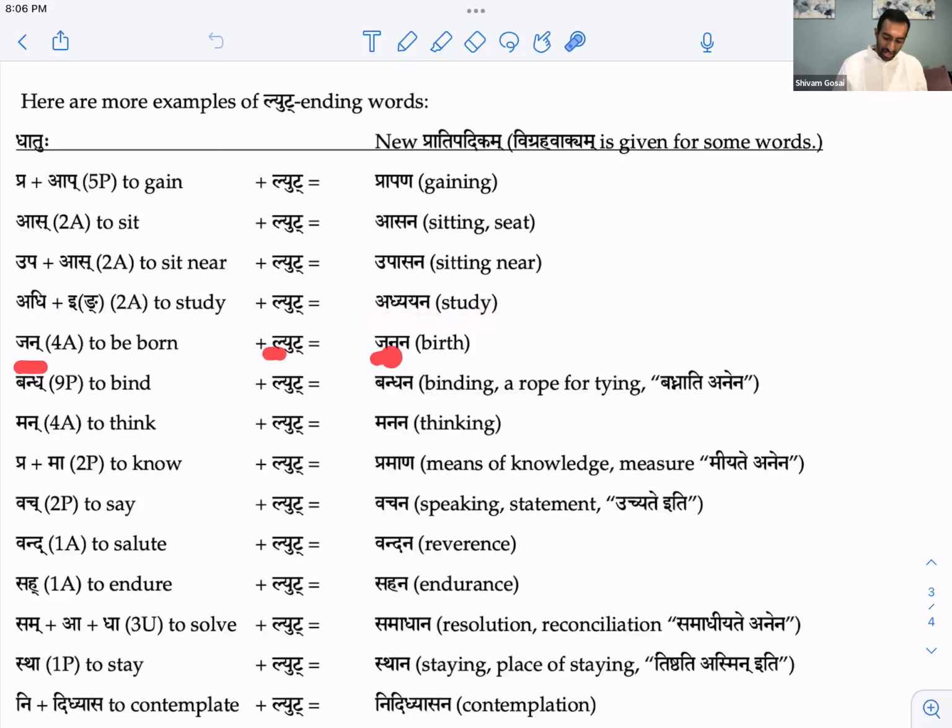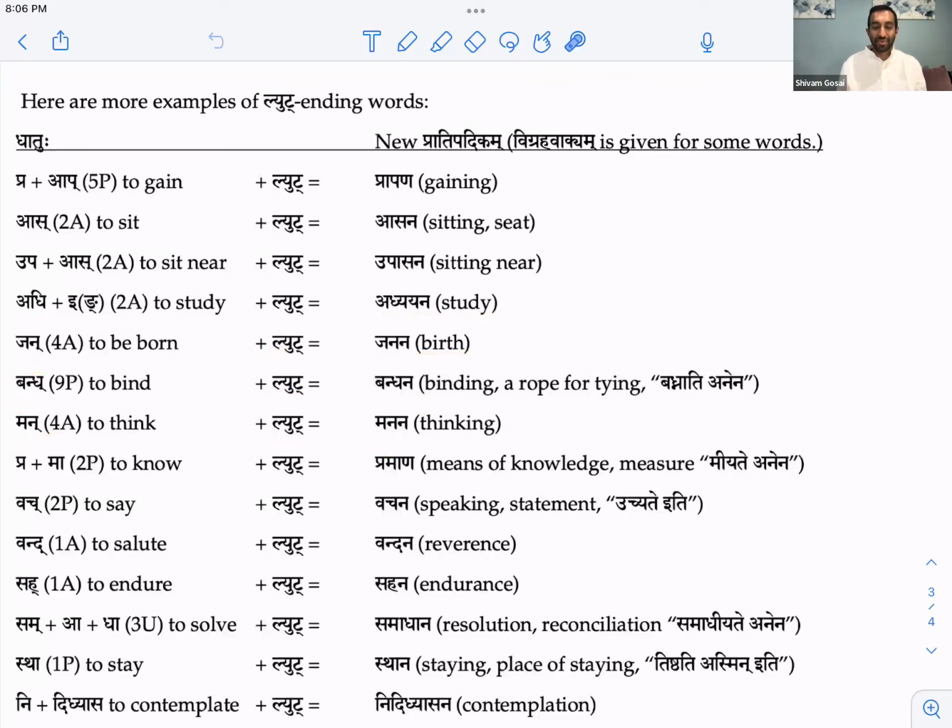Jan plus lyut, janana, birth. Bandh plus ana, bandhana, binding, tying. Man plus ana, manana, thinking.